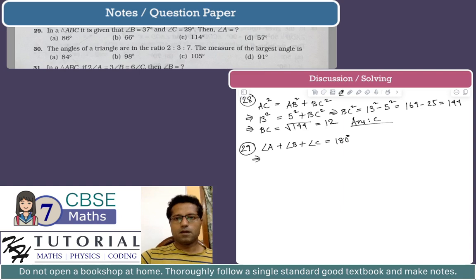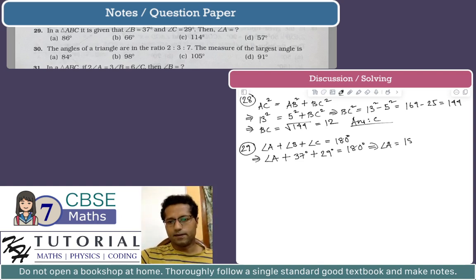Now we have to find A. Angle B and C are given. So angle B is 37 degrees, angle C is 29 degrees. We have this equation. This implies angle A is equal to 180 degrees minus, how much is 37 degrees plus 29 degrees?